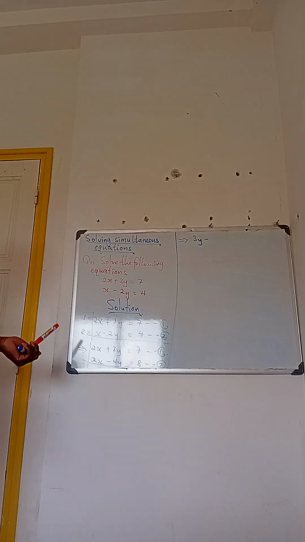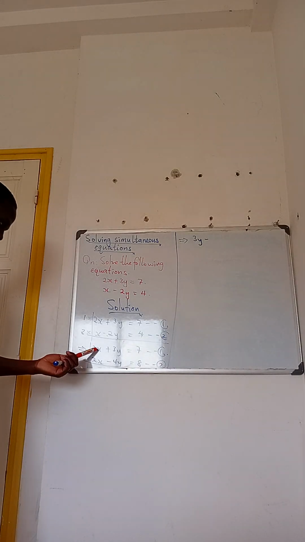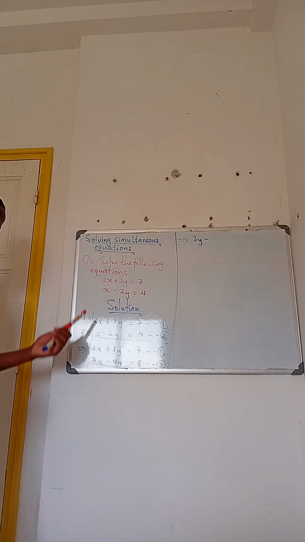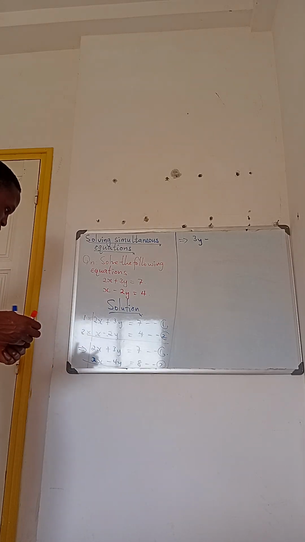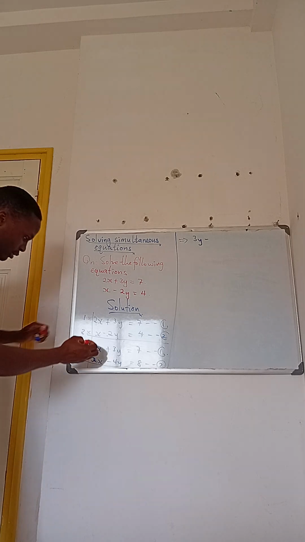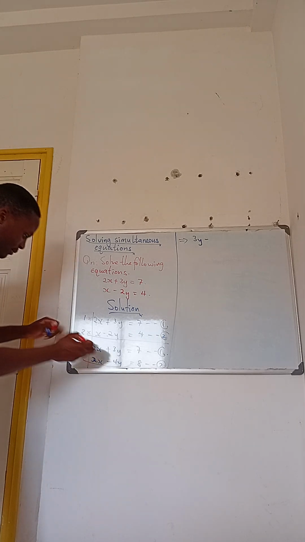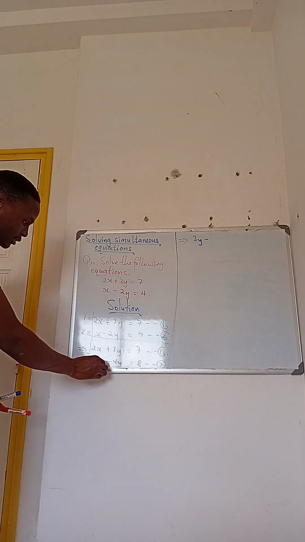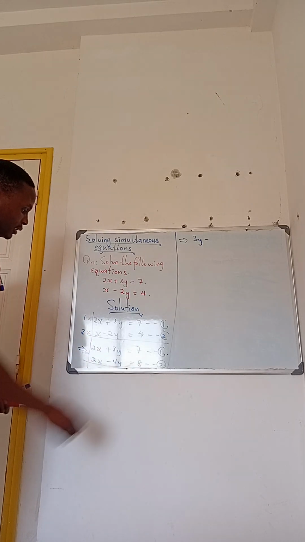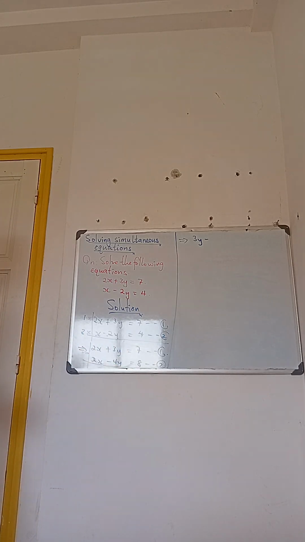At this stage, it will be very easy because we now have x carrying the same coefficients with the same sign. So what we just do here is we place a negative here. So this negative will work on this column, and also that column there.